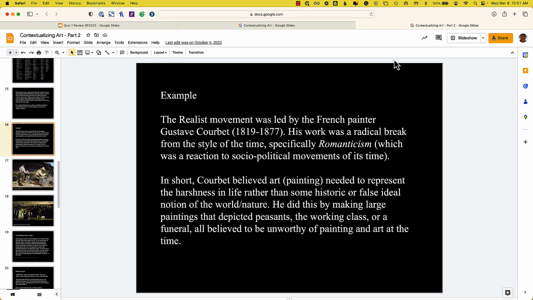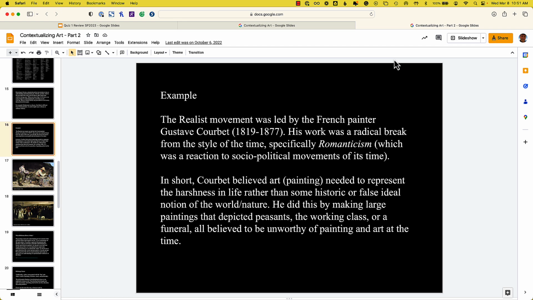And so the general idea here is that these isms are pushing a movement of art that has a similar interest in something, right?